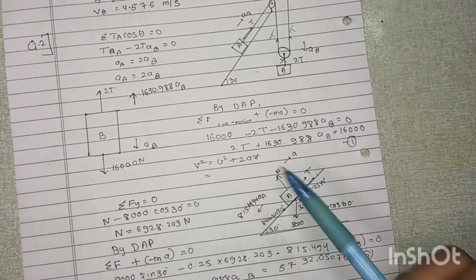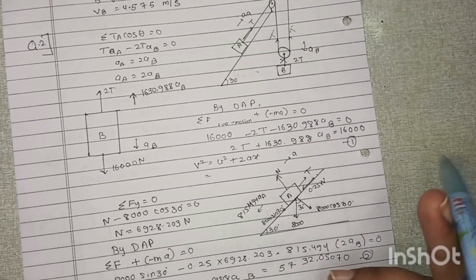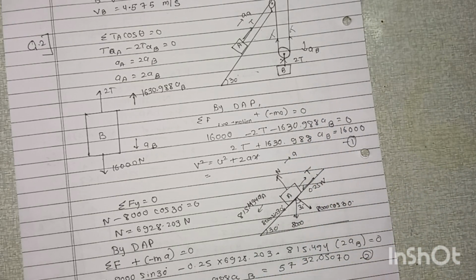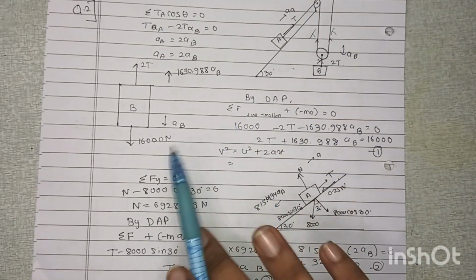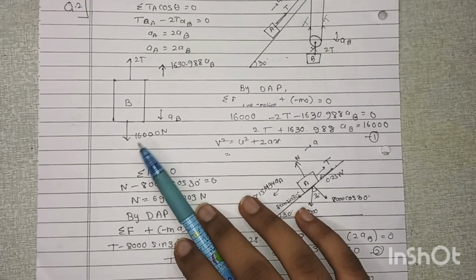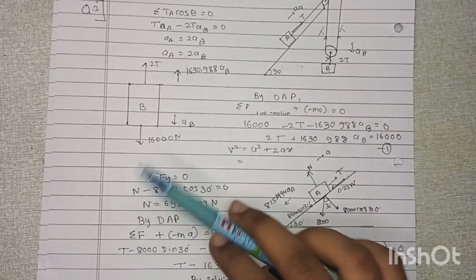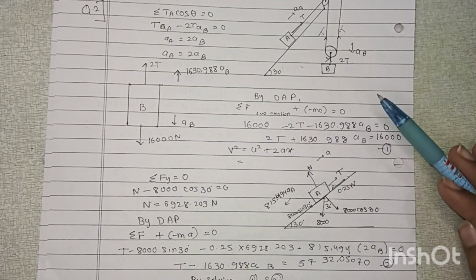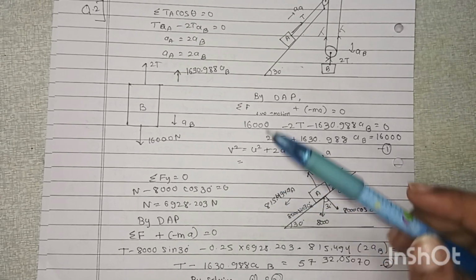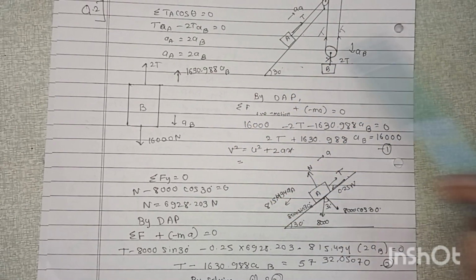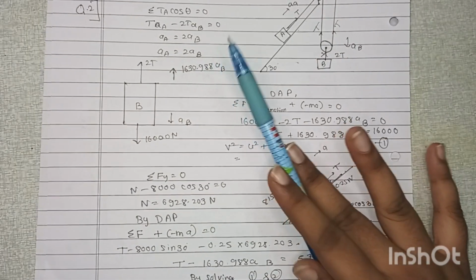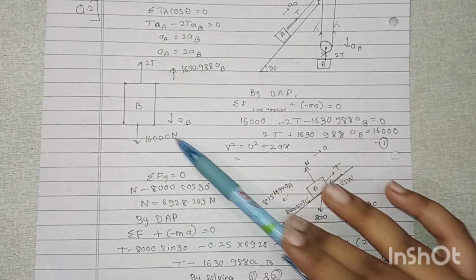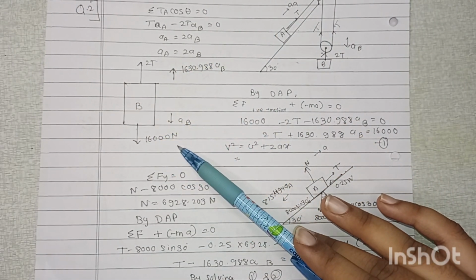The most important thing is that the weight was given in kilonewton, and for D'Alembert's principle your weight should be in newton, so you have to multiply by 1000. I have already multiplied over here. You can multiply at the end, but I suggest you multiply over here. So 16 kN in newton is nothing but 16,000 newton. And inertia is in the upward direction, because it is opposite to the motion, which is in the downward direction.